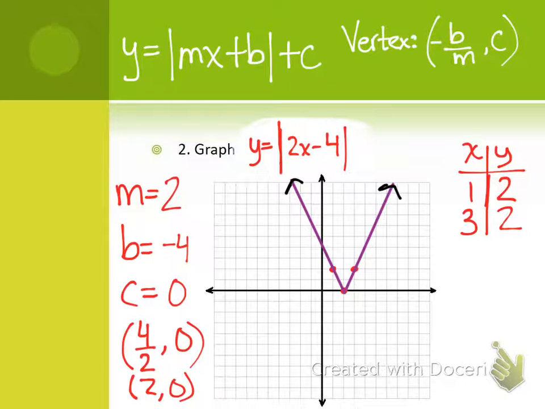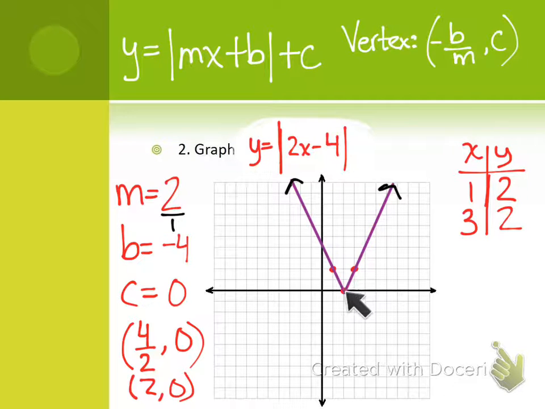There's nothing wrong with picking values, plotting them, and graphing them this way. Okay, we can always make an XY table. There is a little bit of a shortcut for these problems though. What does the letter M usually represent to us? Slope. And in this case, if it's a 2, I would put it over what? 1. 2 over 1.